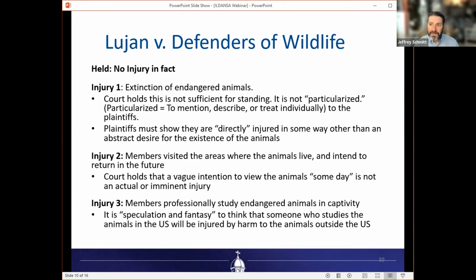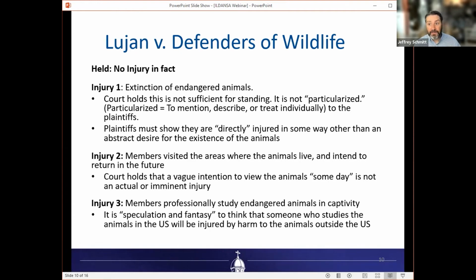There's no injury because these environmental groups are not really injured in a concrete and particularized way. They're not injured in a special way. If the US government funds a project like the building of a dam or some sort of development project, flood control on a river, well, that doesn't hurt these particular plaintiffs in any special way.